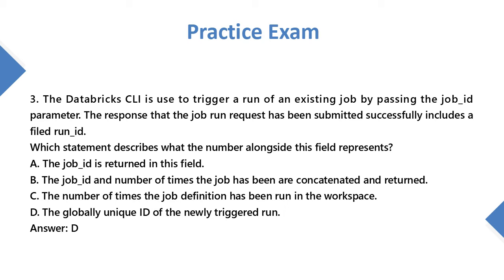A. The job_id is returned in this field. B. The job_id and number of times the job has been run are concatenated and returned. C. The number of times the job definition has been run in the workspace. D. The globally unique ID of the newly triggered run. Answer: D.